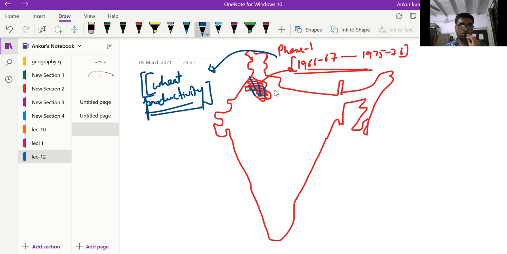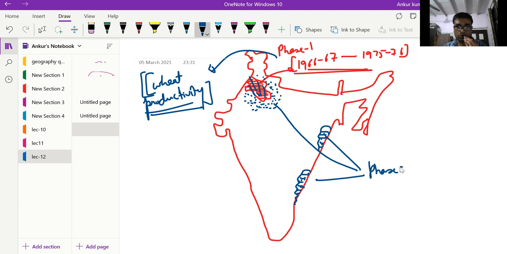The second phase of the green revolution was basically undertaken in the delta regions of the east coast, along with the adjoining region of the first phase of the green revolution. So these were the phase 2 part of the green revolution.